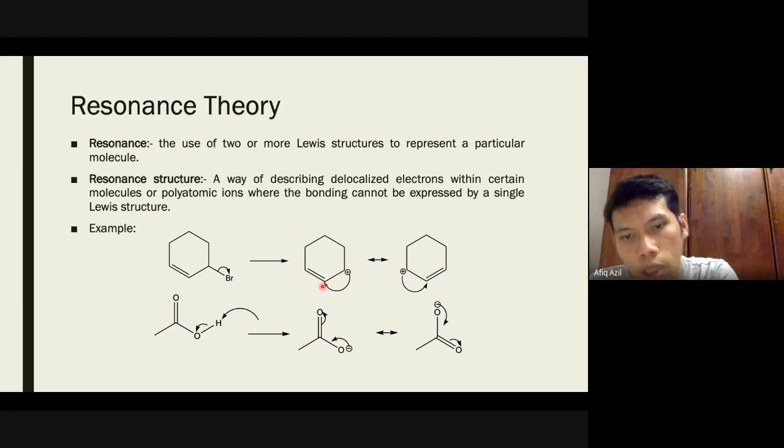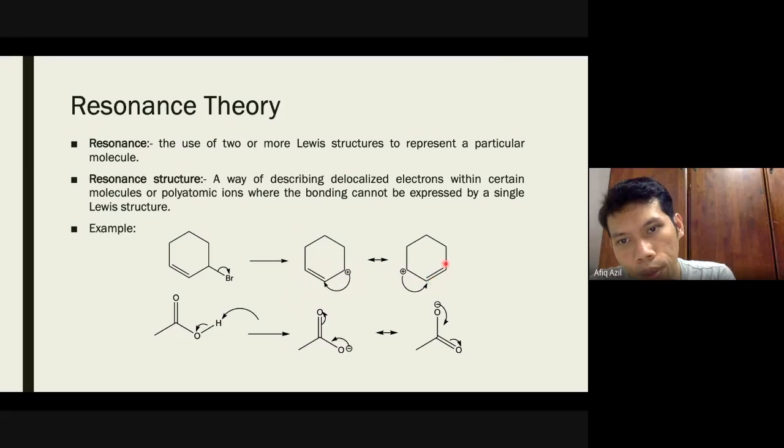Actually, the arrow should be drawn from this double bond to this carbocation, because only electrons can move, not the positive sign. The positive charge cannot move. Only electrons can move. So it should be from here to this.